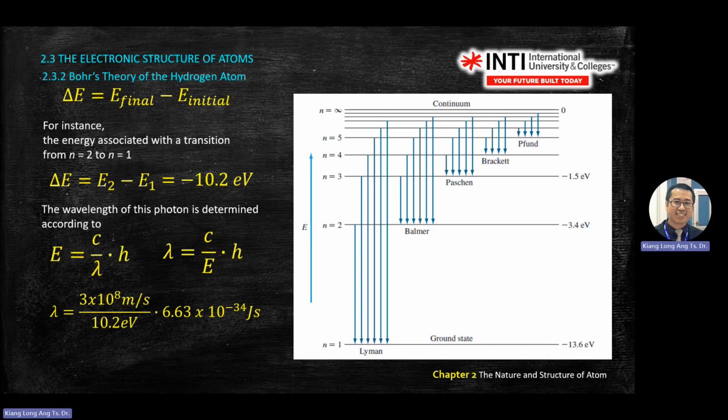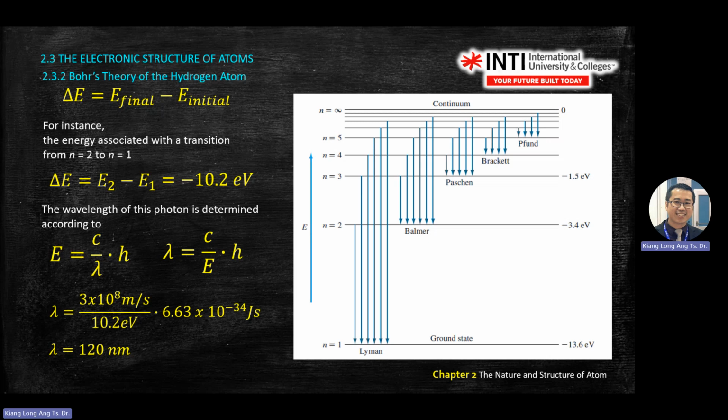So E here, we take the magnitude, because you know that for this case, it jumps from one orbit to a lower orbit, so you get a negative value here. But to calculate lambda, again, we take the magnitude of the energy. That's why you get a positive value. So here you get 120 nanometer. Nano is 10 power minus 9.